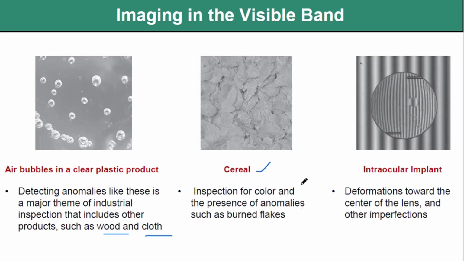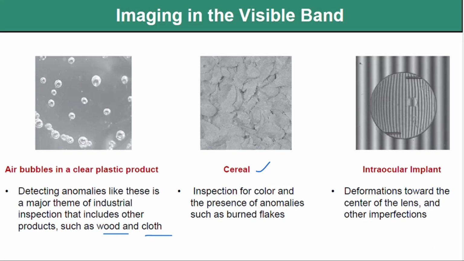So image processing is used to identify the anomalies present in cereal, which is very important because it is food. And the other one is used to find the deformations and imperfections present in the lens. So by finding all these type of deformations or anomalies, you can take corrective actions.